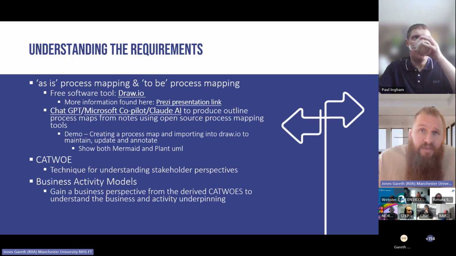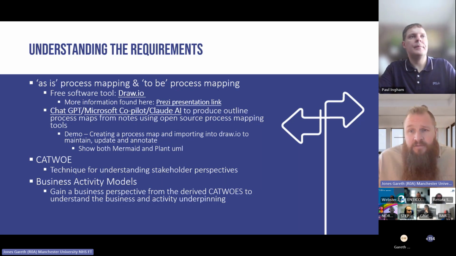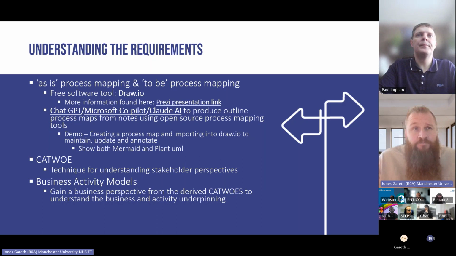You'll see throughout the slides and the narrative that things like ChatGPT, Microsoft Copilot, or Claude AI, which I've not personally used but I know Paul has, can be used as something of a shortcut to produce an outline process map from any notes that you might have already made about your processes.